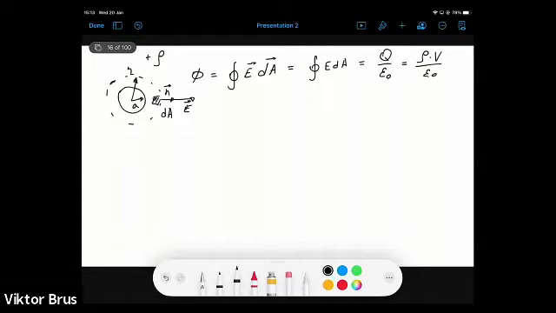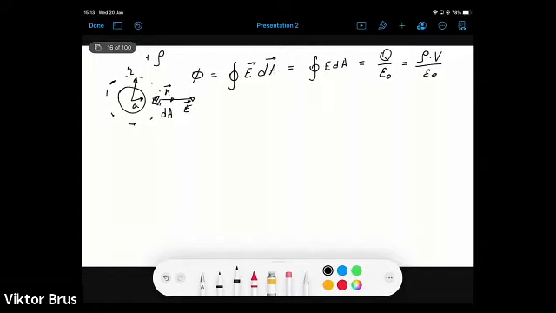Another thing which we need to take into account also comes out from the symmetry of this particular case. At every point of this Gaussian surface, the electric field vector amplitude, the magnitude, will be the same.